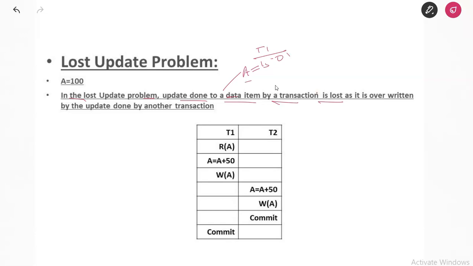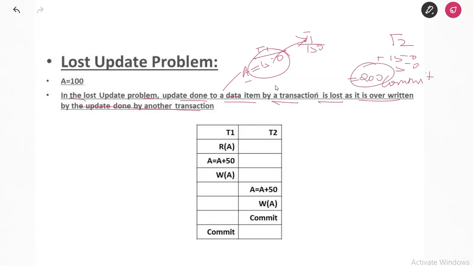Why is it lost? Why could T1 not commit 150? Because it is overwritten by the update done by another transaction. In the meantime, T2 tried to add 50 to 150 and it also committed the operation, making the total 200.